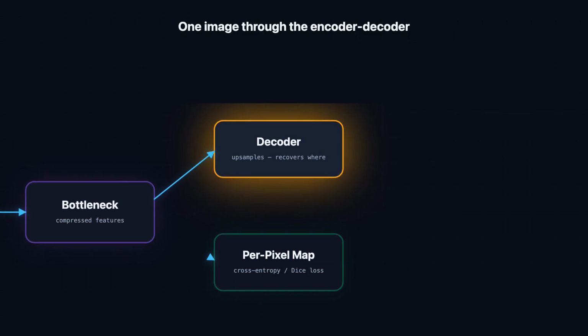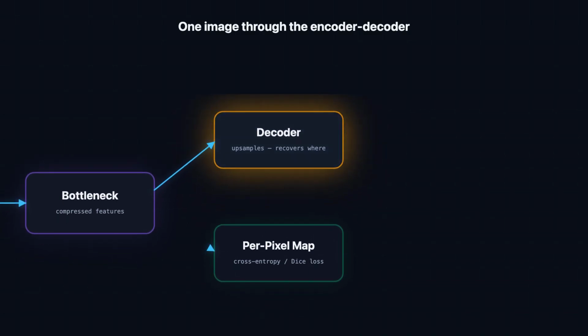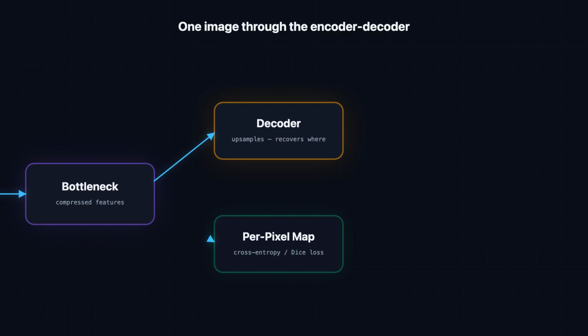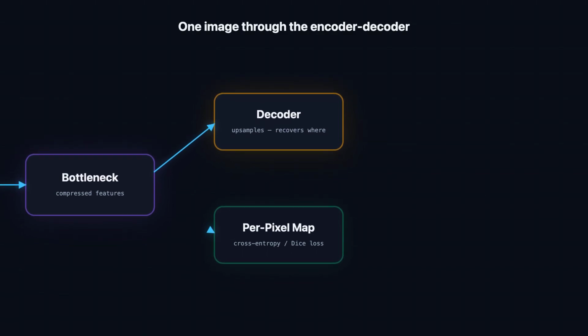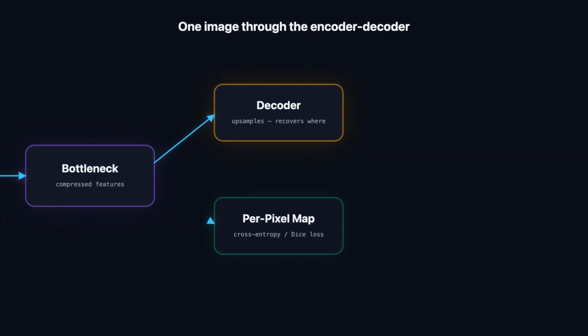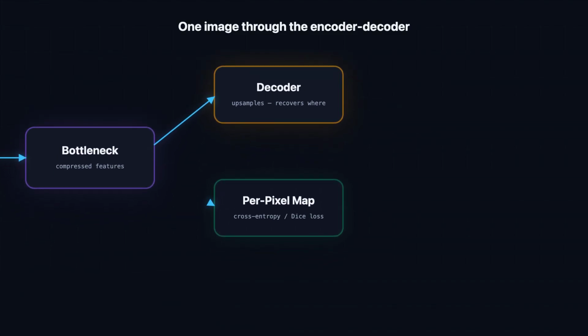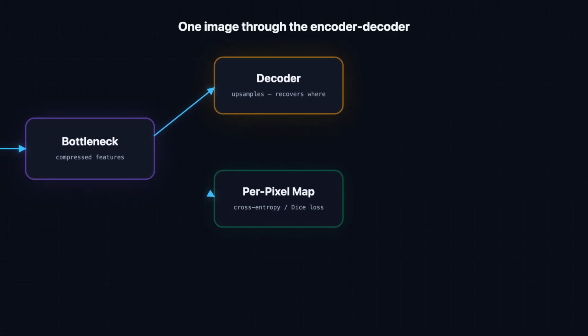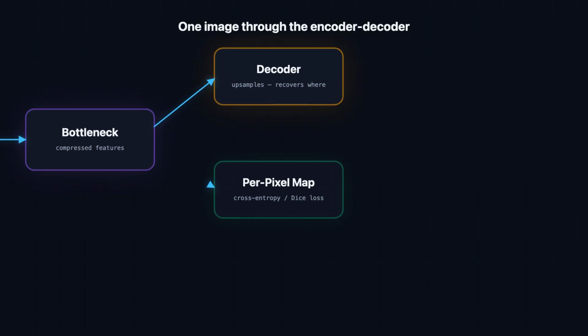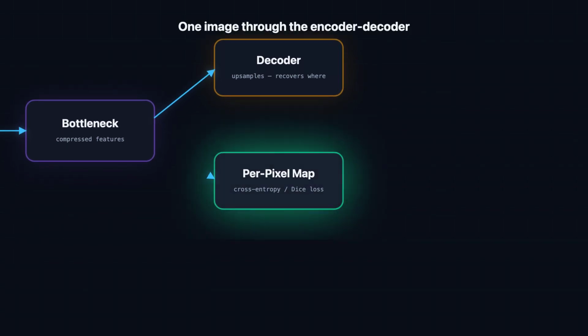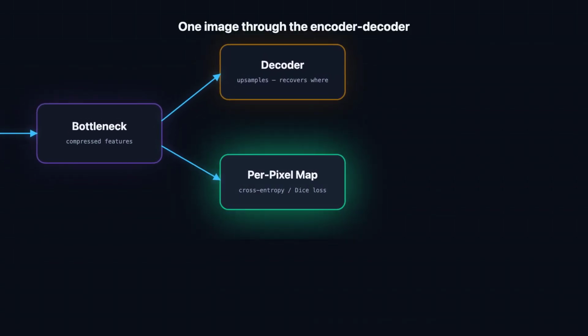Then the decoder reverses the journey. It upsamples the features back toward full resolution, rebuilding the spatial detail so the network can answer where. Often skip connections carry fine edges across from the encoder, which is exactly the trick that UNet uses to recover crisp boundaries. And out comes a per-pixel class map.